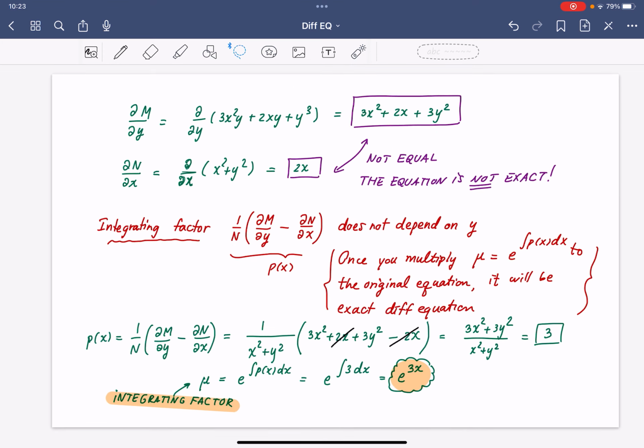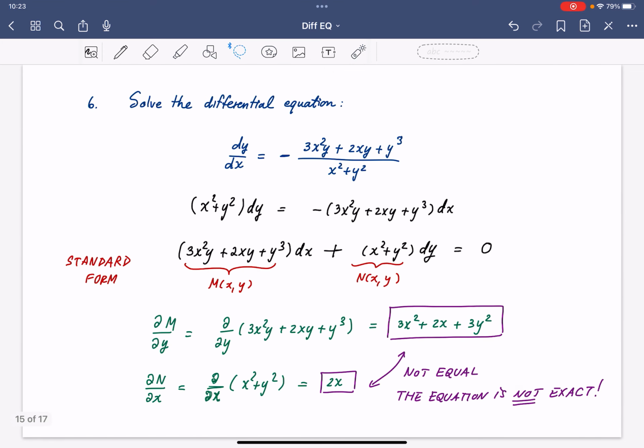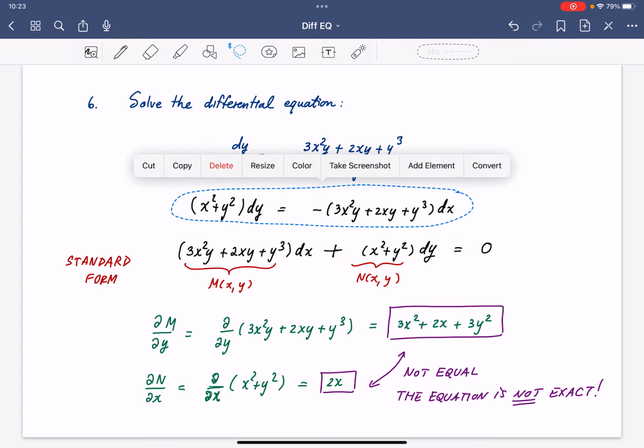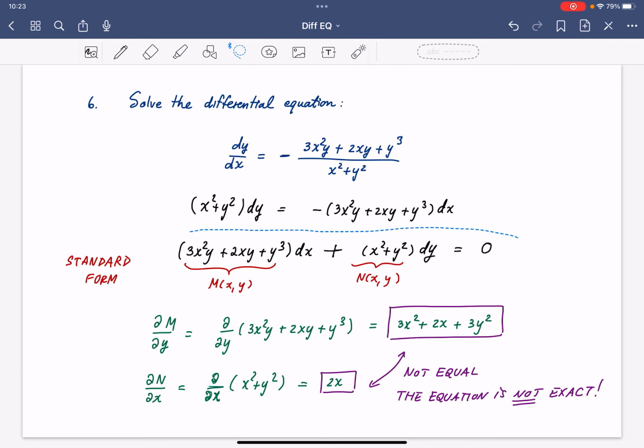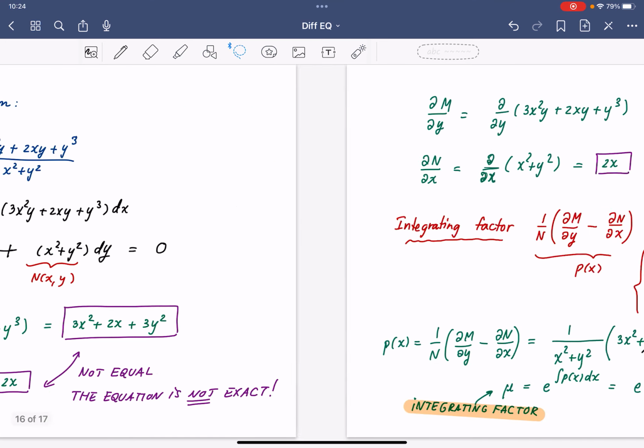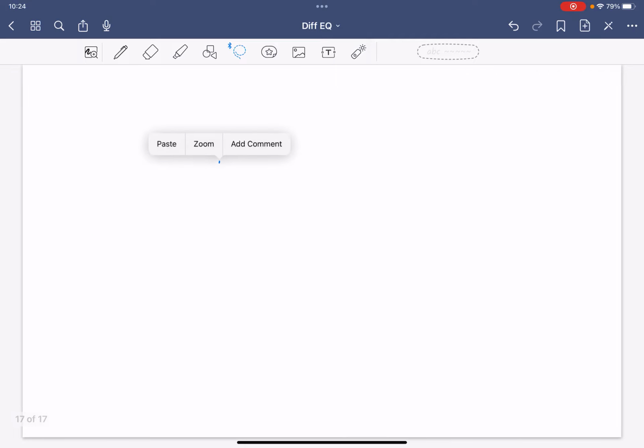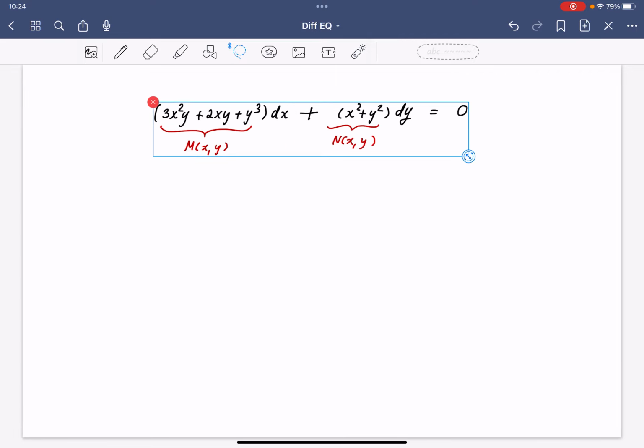Okay, so we're gonna just carry the first equation here that we have. This is the one that is in the standard form. You have m and n already. And then now you multiply e to the 3x to the equation.